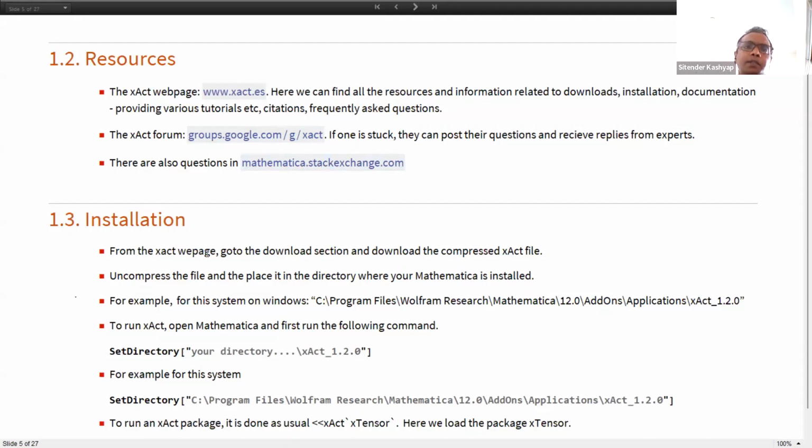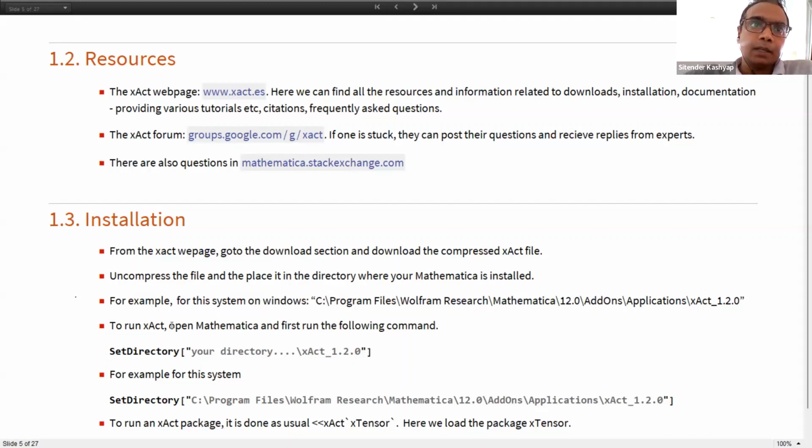Here is a very brief review of how to go about installation. From the xAct web page, you go to the download section and download the compressed xAct file. Uncompress the file and place it in the directory where your Mathematica installation is done. For example, on the system I'm using, it's placed in the C directory under Program Files, Wolfram Research, Mathematica 12, AddOns, Applications, and finally xAct 1.2.2.